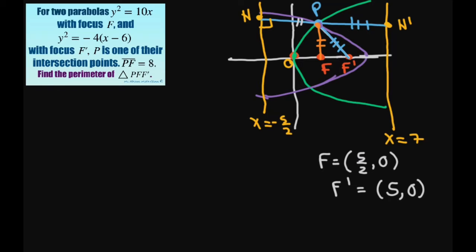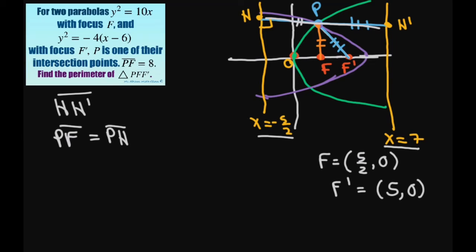Suppose line segment HH prime, this right here, is perpendicular to the directrices x equals negative 5 halves and x equals 7. Then by definition of a parabola, PF equals PH. So these two are equal, right?